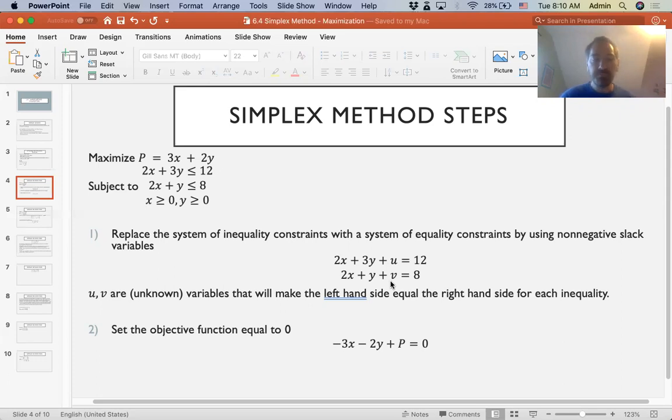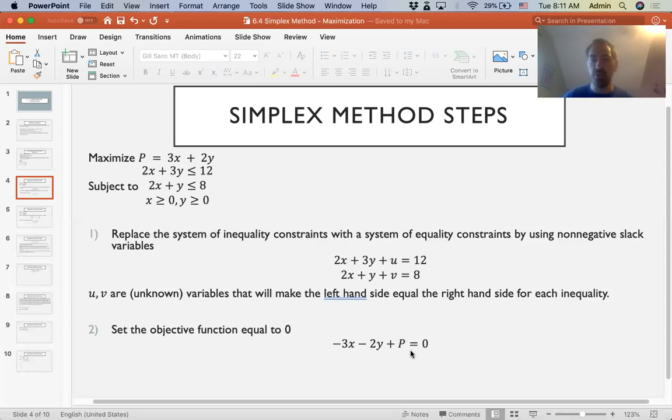Step two is taking your objective function and setting it equal to 0. So I'm taking p equals 3x plus 2y and subtracting 3x and subtracting 2y from both sides. That results in negative 3x minus 2y plus p equals 0. What we're trying to get to is a system of linear equations, because the simplex method uses the Gauss-Jordan elimination method.